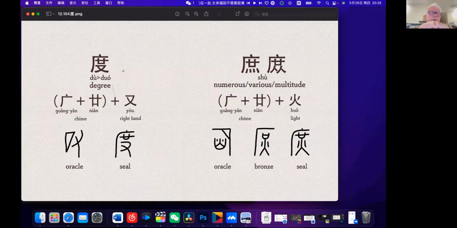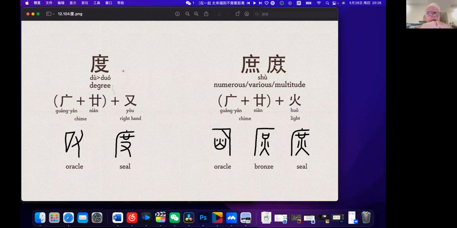So we have the character for du, which means degree. 华氏 means Fahrenheit. 摄氏 means centigrade.